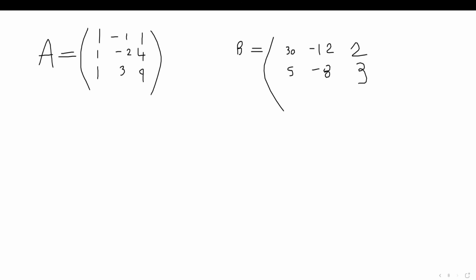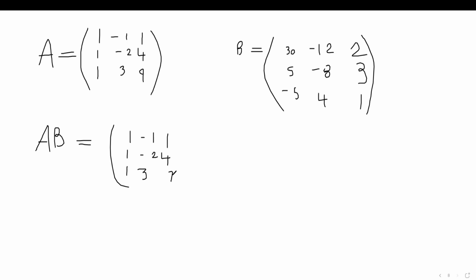And then you have minus 5, 4, and 1. Nice. So this is it now. I will need to work out now the matrix A times the matrix B. So to work out the matrix A times the matrix B, we're multiplying 1, minus 1, 1, 1, minus 2, 4, 1, 3, 9.